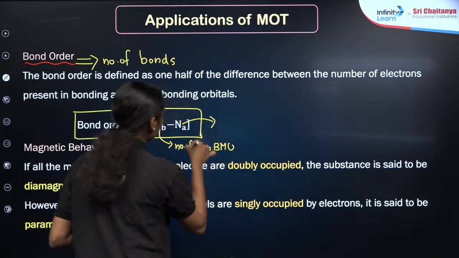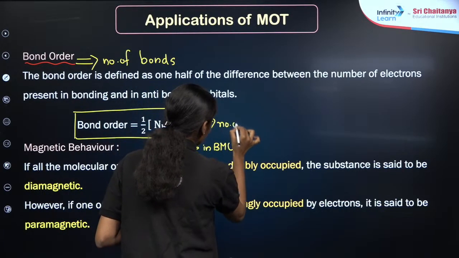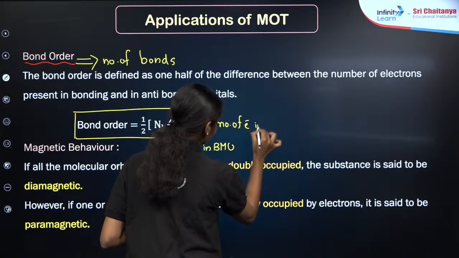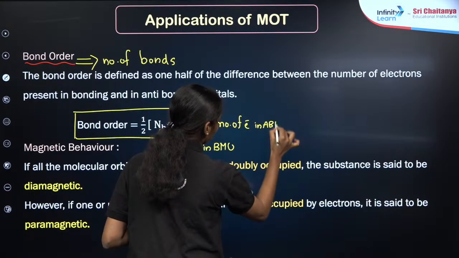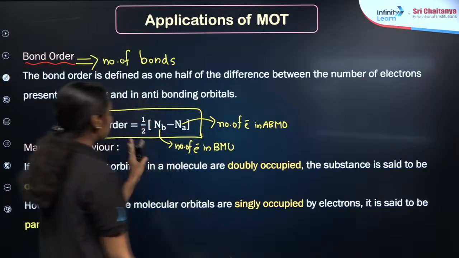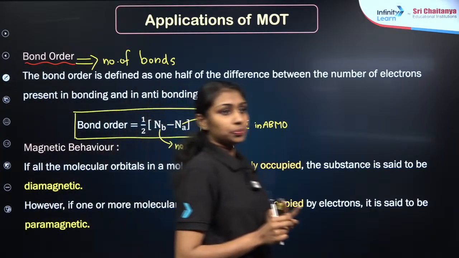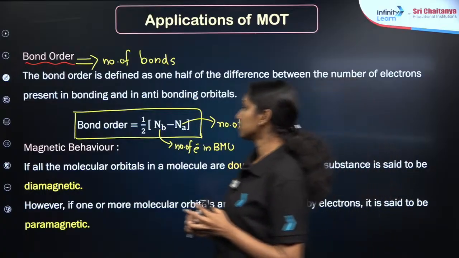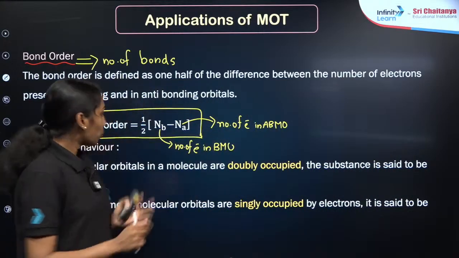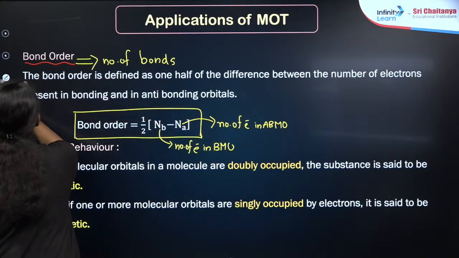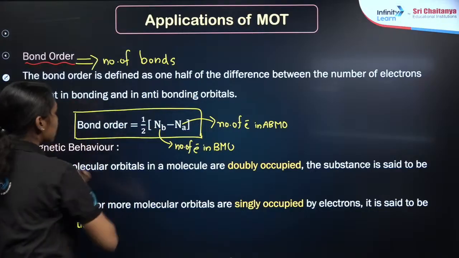Then NA stands for the number of electrons in anti-bonding molecular orbitals, ABMO, right? Clear? This will be the formula to calculate the bond order of different molecules. Now, by using this bond order, we can predict the stability of a molecule, right?